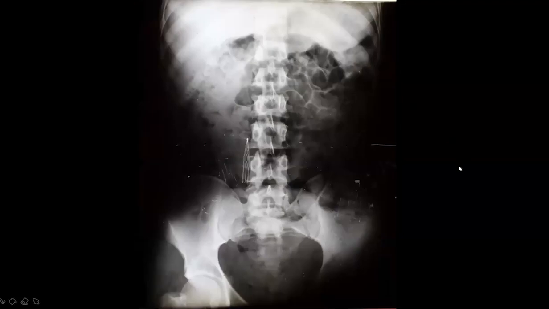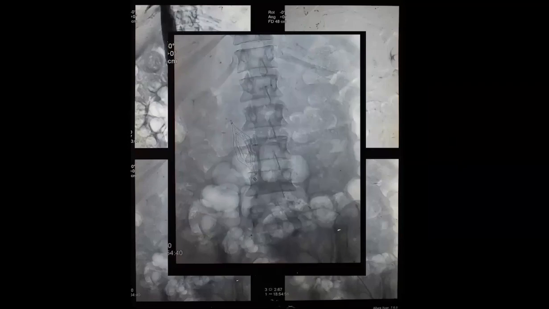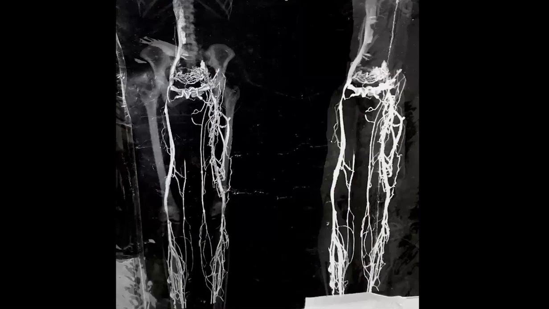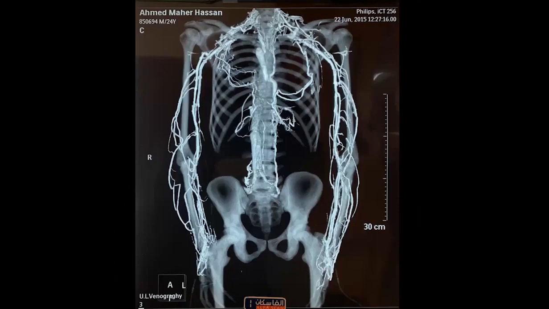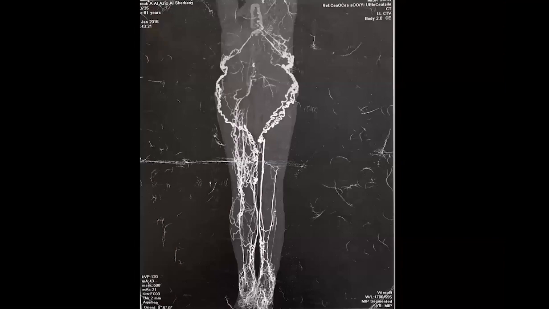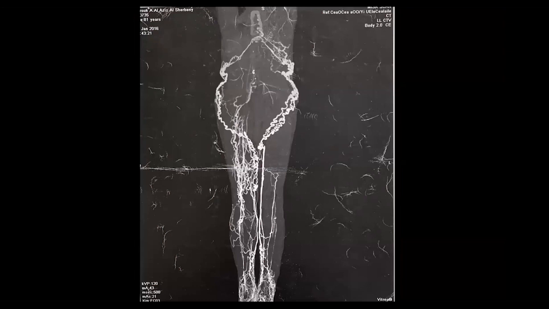In case we see a catheter, we have two options. If we see bone or calcifications, then it is conventional. If we don't see bones and calcifications, then it's digital subtraction. On the other hand, in CTA we can see bone clearly, but in MRA that is not seen, and CTA can also be subtracted. This is the outline. Okay.